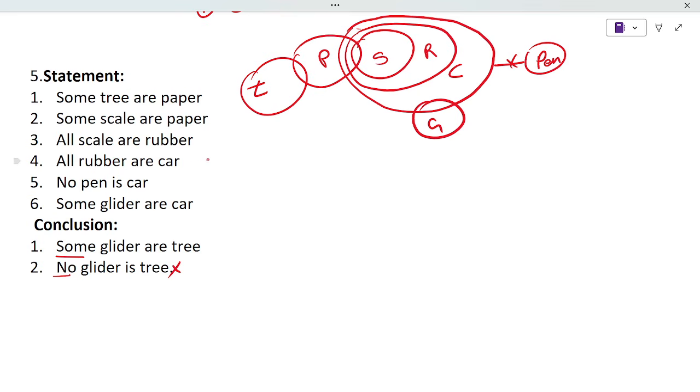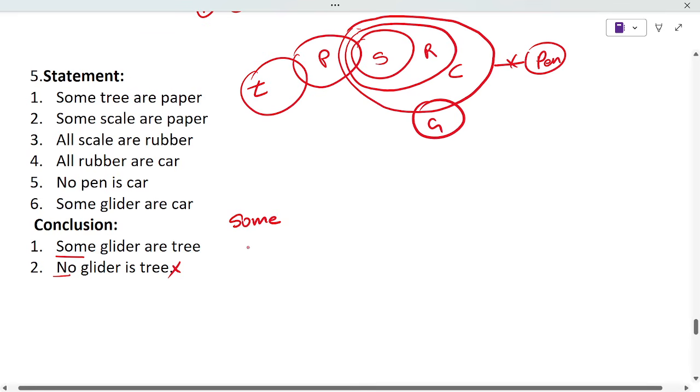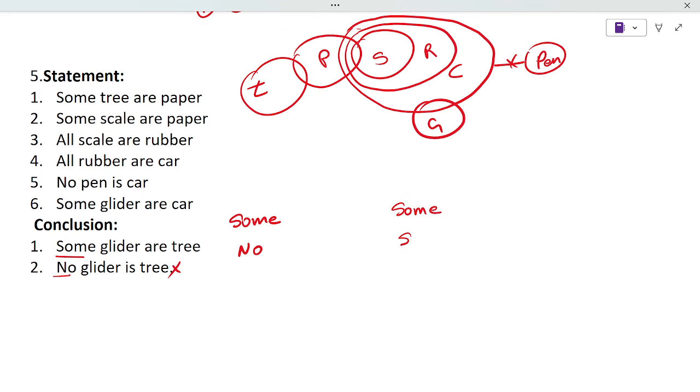So that's the statement. Now, for the conclusion, actually either some or no. In either case, there are three kinds. Some or no are partners. The other one is some not, which is also a partner. And the last one is all and some not.